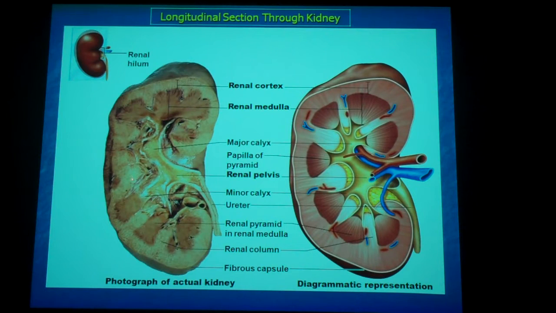These are not quite shown as well here. This is a diagram based on this. So this is cortex. Of course, the capsule is out here. All of this is medulla. And these individual darker brown things are renal pyramids.